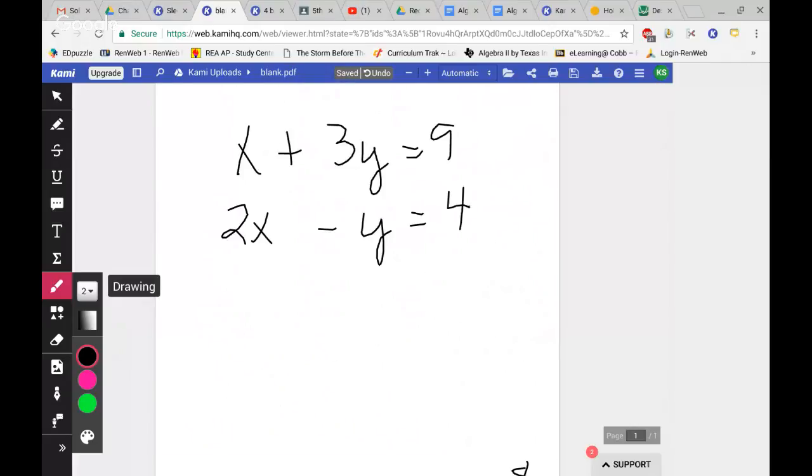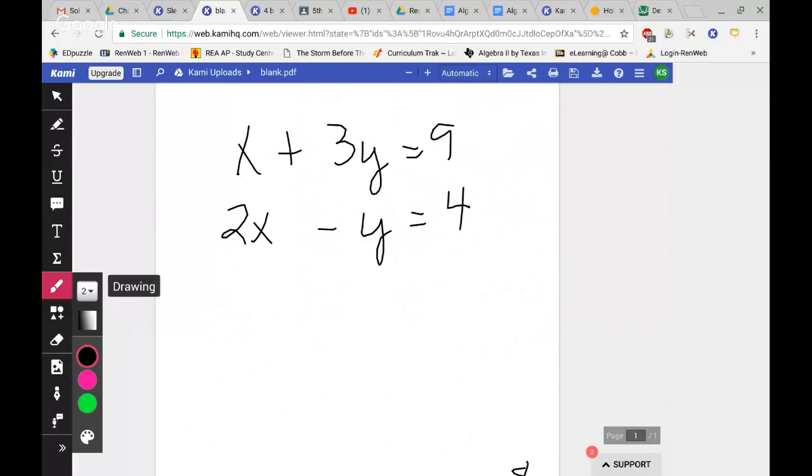All right, so which one would you pick to isolate the variable? I think it's number 5, the second one. And what would you do?